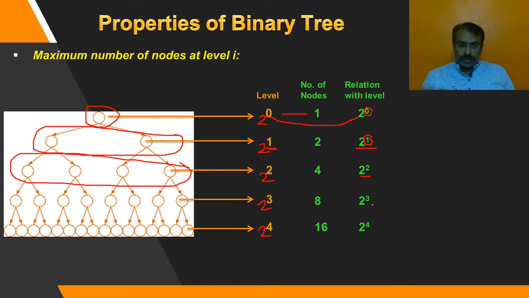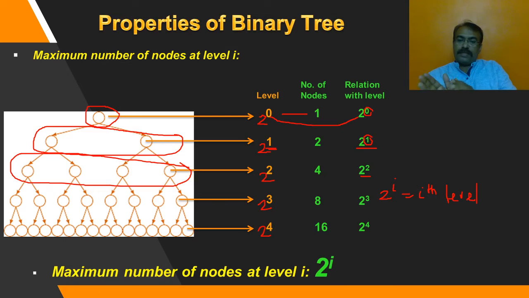Level 3 has 2 raised to power 3 nodes. Similarly, what I can have is 2 raised to power i. So the ith level is going to have 2 raised to power i nodes. Am I right? The maximum number of nodes the ith level can have is 2 raised to power i. So I can conclude that the maximum number of nodes at level i is 2 raised to power i.